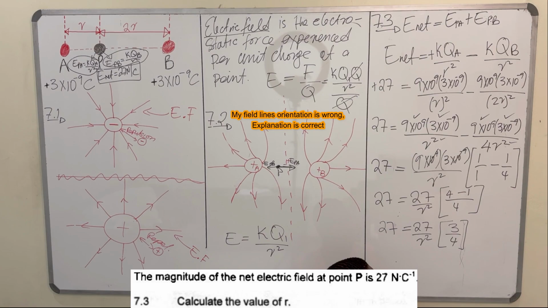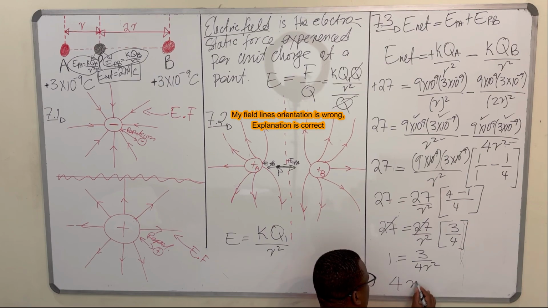No problem. So divide by 27 on both sides. We are left with 1 is equal to 3 over 4r squared. Cross multiply, you get that 4r squared is equal to 3.